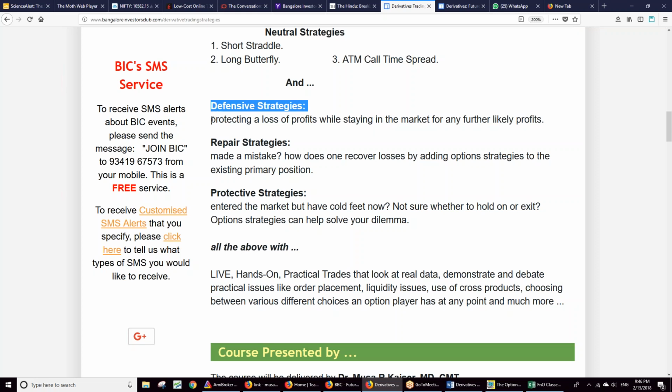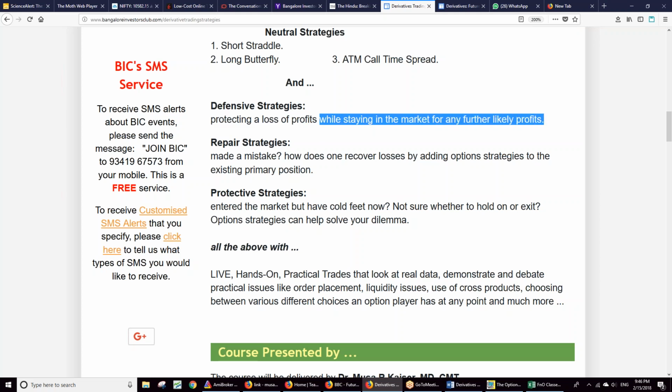And here, please note this terminology very carefully. We're talking about protecting a loss of profits while staying in the market for any further likely profits. I'm sure those of you who have traded can relate to this very seriously. How many times have you had profits on your account, there for the taking?